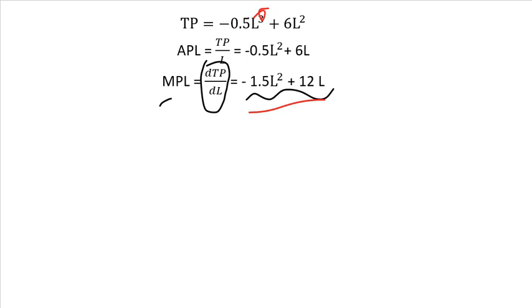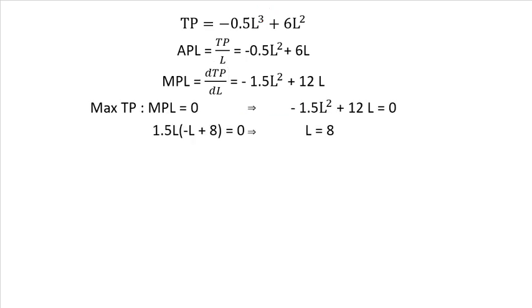And finally, to find the maximum TP of this workshop, we simply set MPL equals 0. We found the equation of MPL here, and we set it equal to 0 because, as we said, to reach the maximum, MPL should equal 0.